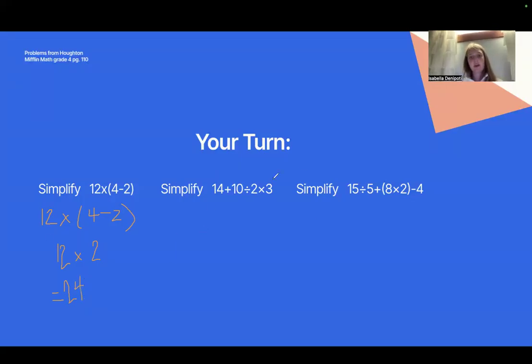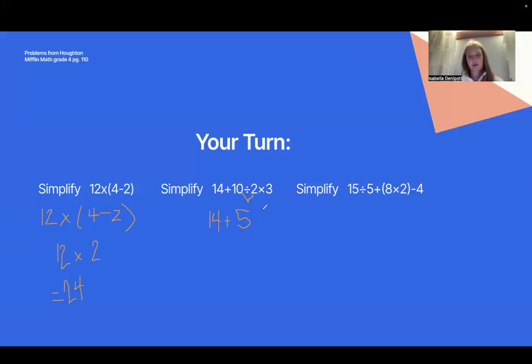Now for the next one, we don't have any parentheses. However, you still need to do multiplication or division first. So ignore the 14 for now. The 14 and the addition sign, ignore it. We then see 10 divided by 2 times 3. So division comes first, so we'll do that one first. So you do 10 divided by 2, and that would be 5. And then you bring down the 14 and the addition sign.